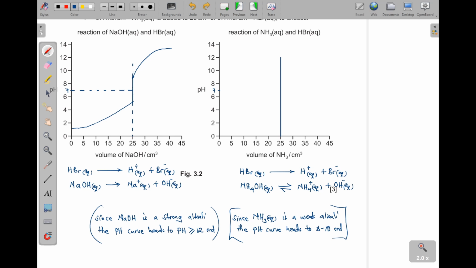But here, by the time you come to 25 cubic centimeters, because you are releasing a very low concentration of hydroxyl ions in here, and this one is fully dissociated, you are going to remain with some more hydrogen ions in here. Okay, so that means the equivalence point is going to happen at a pH which is below 7.